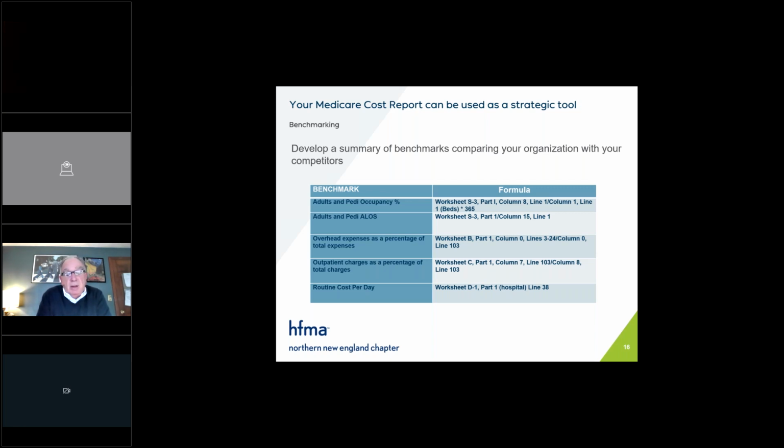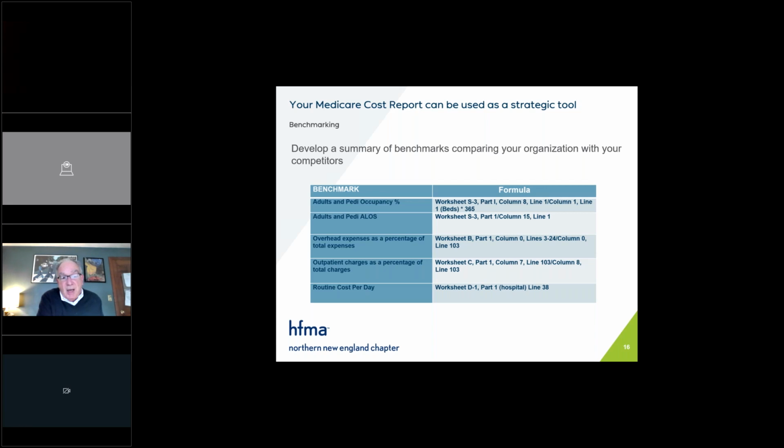You can look at adult and PD occupancy, and the formula for that would be just going to your worksheet S-3 part 1, column 8, and dividing it by column 1, line 1, times the number of beds. And so that's an easy way to calculate out your occupancy instead of going and pulling it from all different areas. It's right there in the cost report.